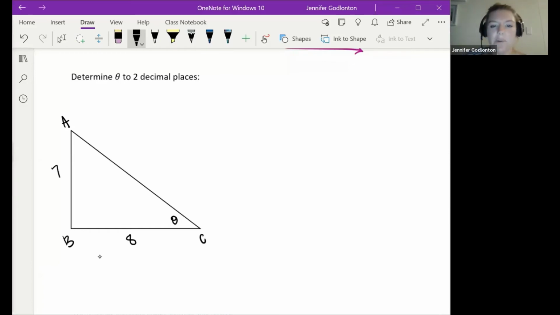Okay, and I'm wanting theta. So I want you to think about all of the steps that you need to follow in order to find this. You want to first write out your trig ratios, then label your triangles, see what you have and what you want, choose the right trig ratio, put it into the equation and solve for theta.